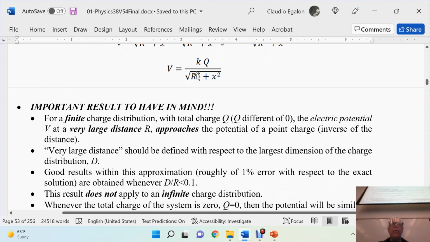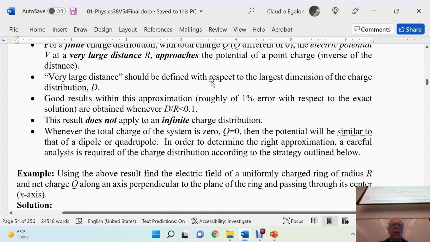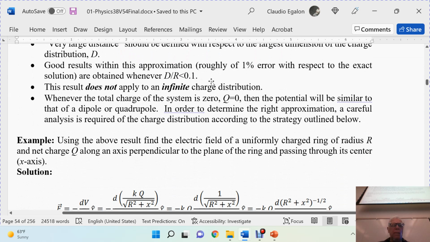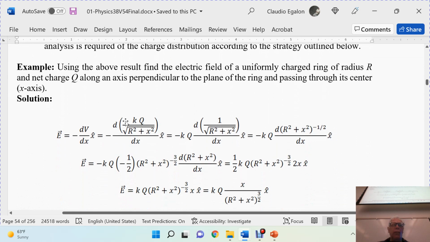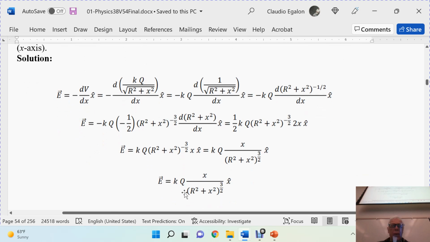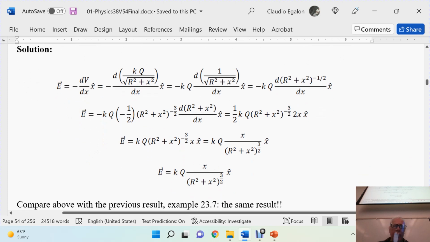If you do that, this term goes to 0 and you get kq over x, which is the electric potential of a point charge. And we can also find the electric field of this distribution by differentiating with respect to x. When we do that, we get the same result that we got initially for the electric field of the ring.